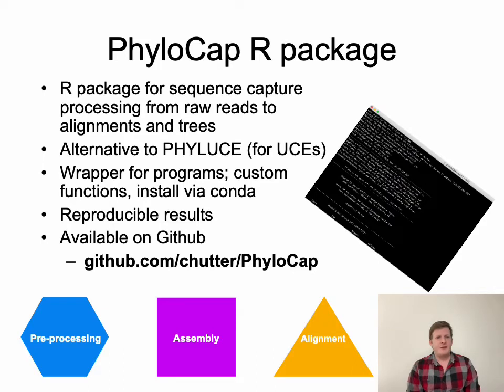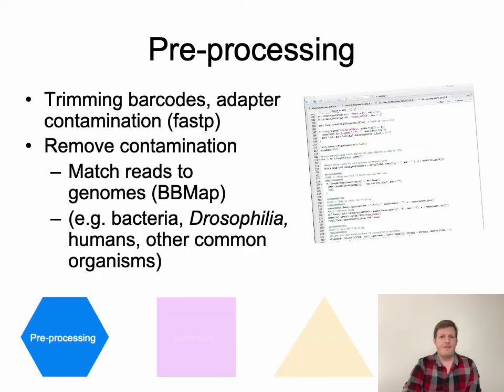Essentially, like every other pipeline, it's a wrapper for a bunch of different programs with custom functions and code to clean up and move files around and keep everything nice and organized, and to greatly simplify and streamline the process. This can also easily be installed via Anaconda and is available on GitHub at this link here.